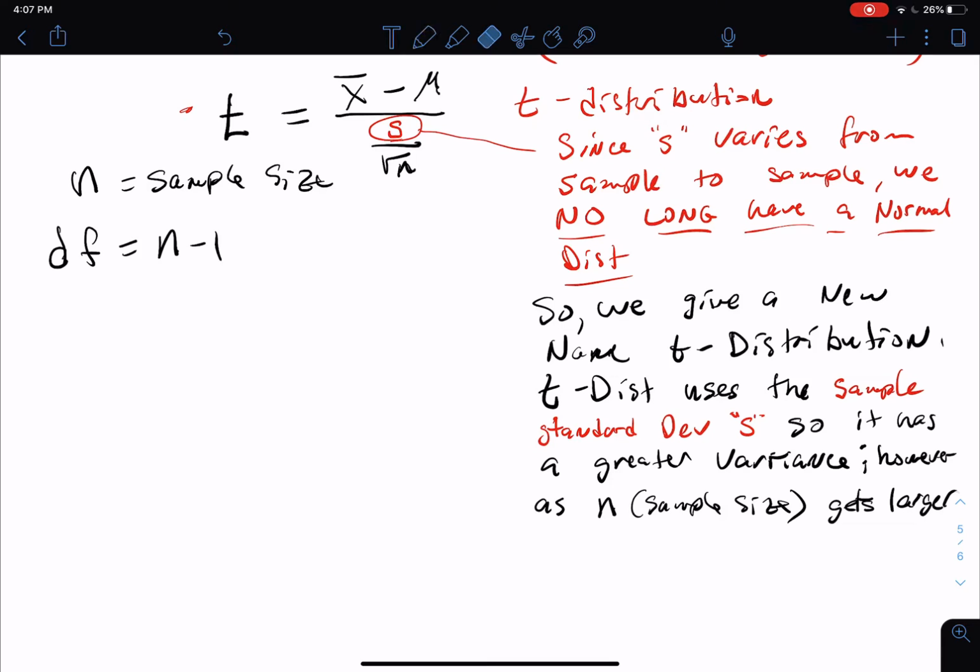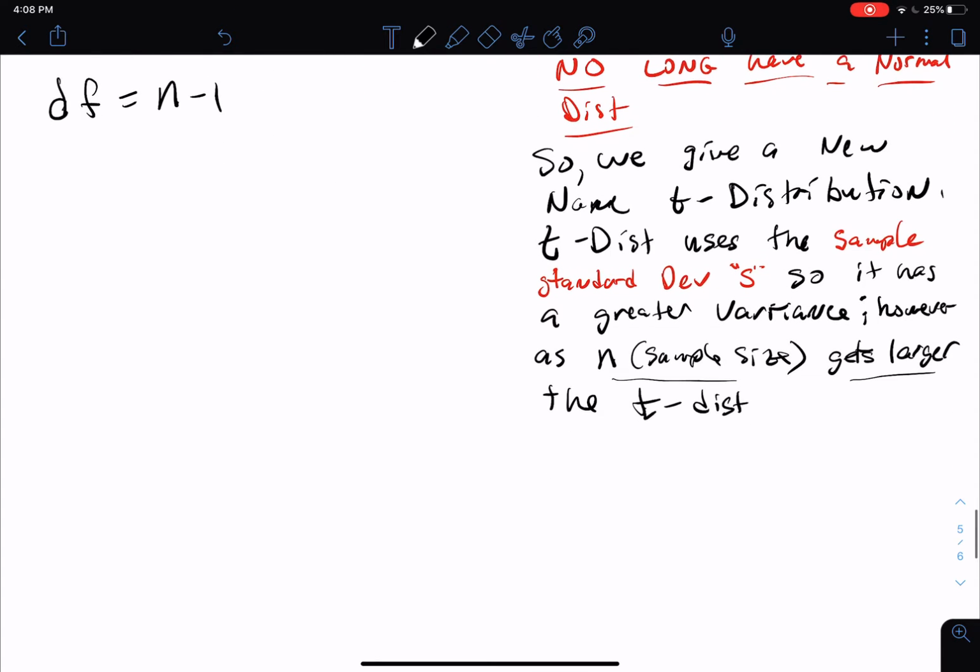So back here, it has a greater variance. However, as the sample size gets larger or increases, the t distribution becomes very, very close to a normal distribution.